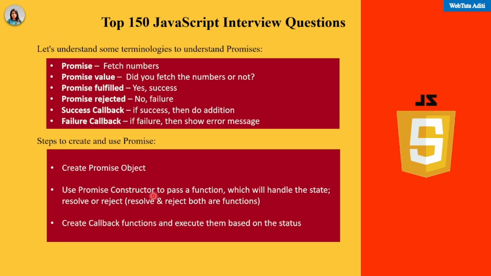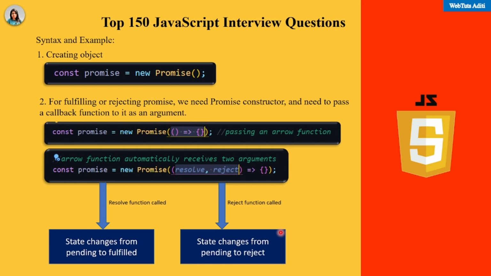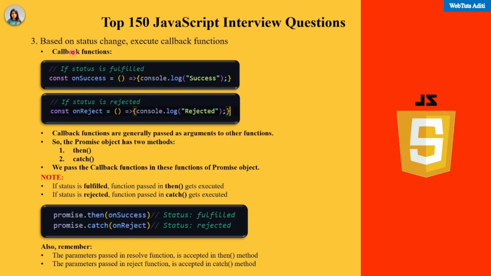Now, after passing the callback functions in the promise constructor, we need to declare or define the callback functions, right? So here you can see the third step is to create callback functions and execute them based on the status. Let me go to the example to show you. This is step 3. You can see, based on status change, execute the callback function. So what are the callback functions here?